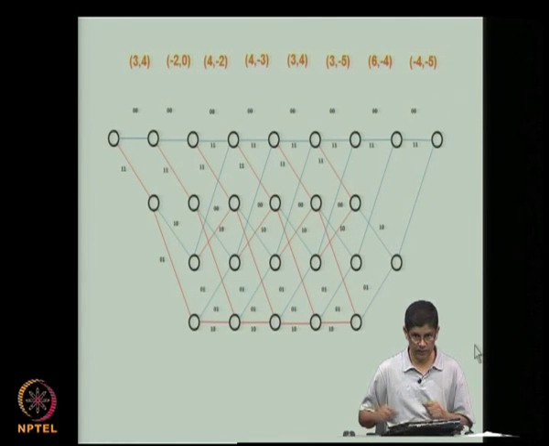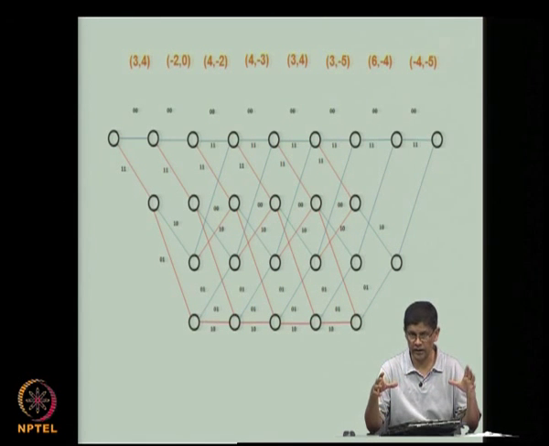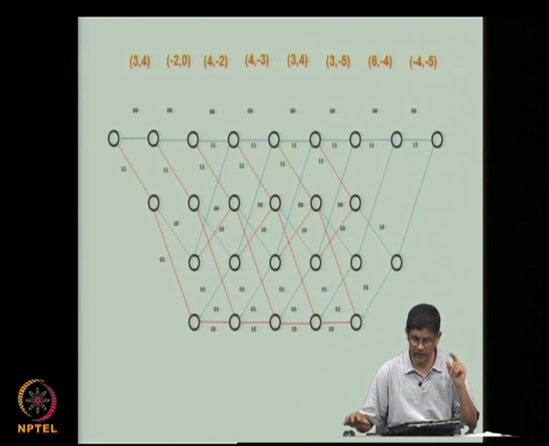Okay. So, here this now is the same trellis that we had earlier when we were dealing with the binary symmetric channel, and we actually carried out decoding over the binary symmetric channel. We had drawn a trellis and we actually looked at decoding. So, this is the same trellis, it is the same code. The only difference here is that what I have put down at the top are the two received symbols corresponding to each branch of the trellis.